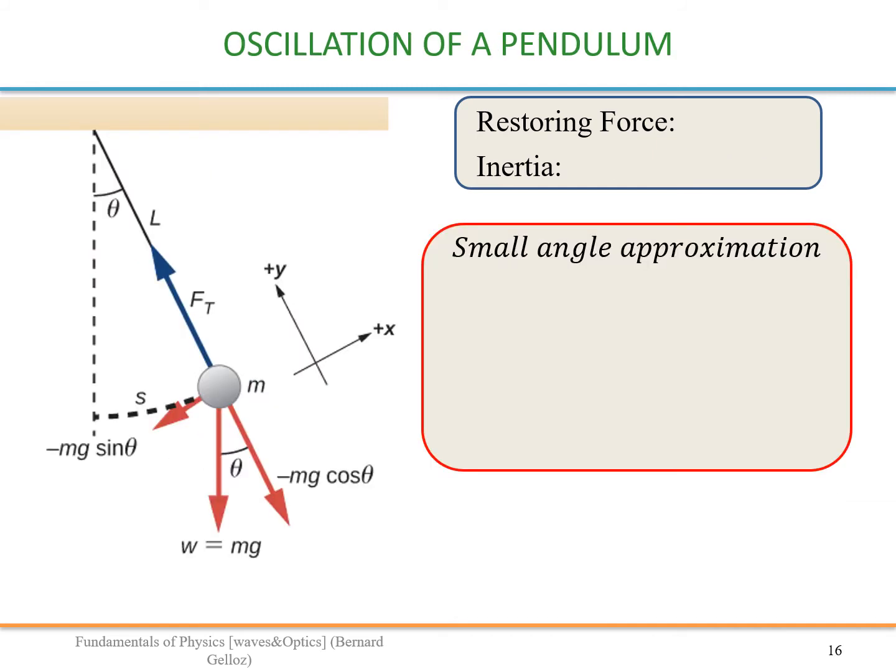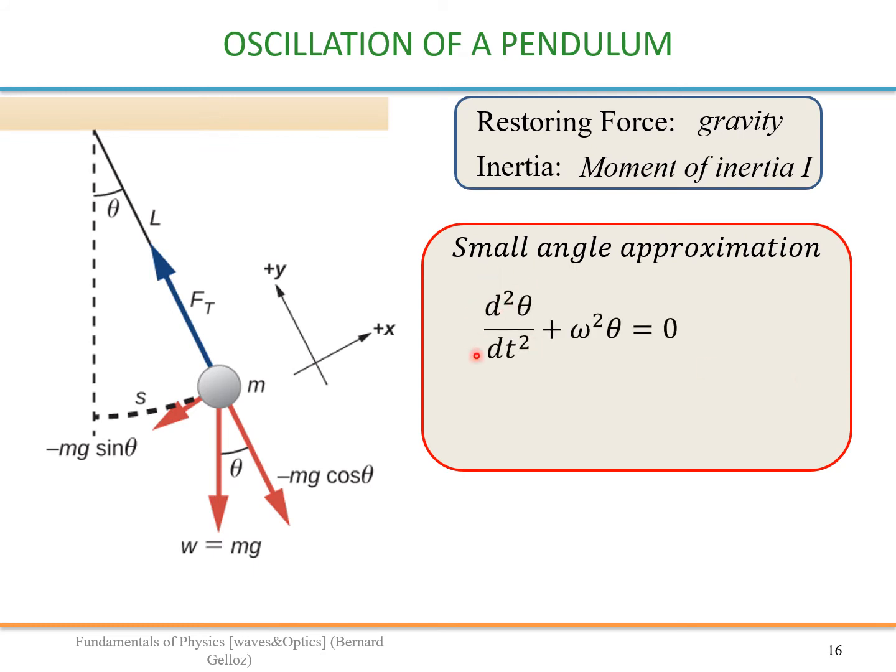We can look at a much more simple pendulum. It's just a mass at a distance L from the axis of rotation. The restoring force is again gravity, and the inertia is the moment of inertia again.